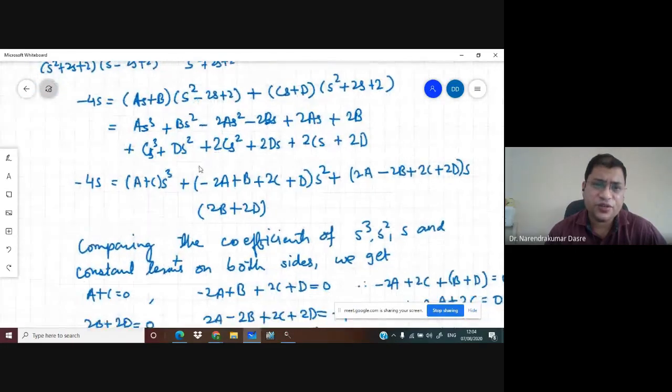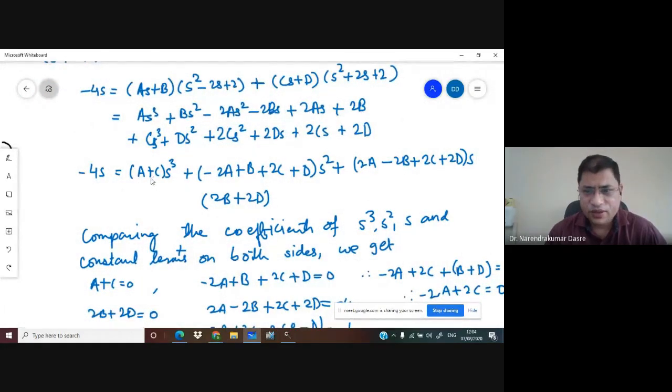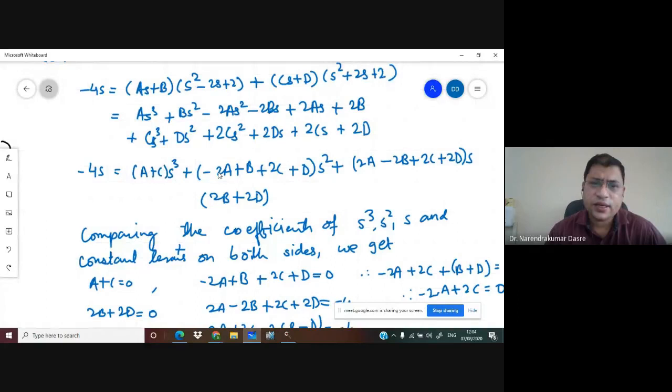After taking the product, we collect the terms of similar power, and hence for s cube the coefficient will be a plus c. Then for s square it will be minus 2a plus b plus 2c plus d, and then for s it will be plus 2a minus 2b plus 2c plus 2d, and the constant term will be 2b plus 2d.